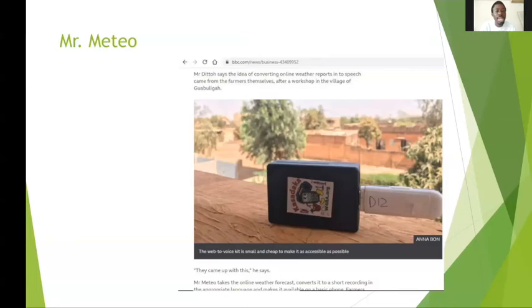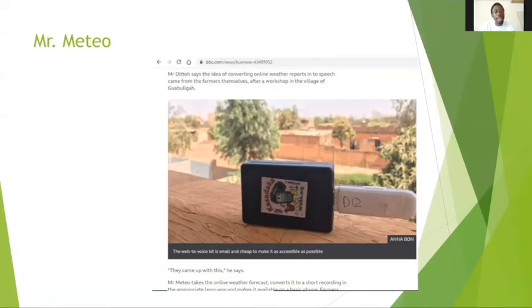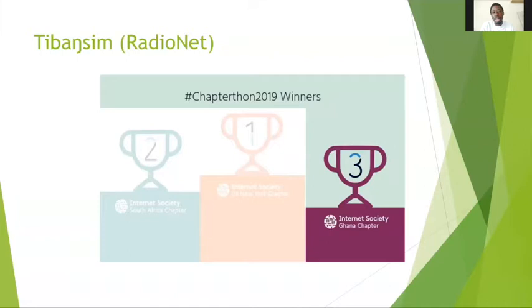Mr. Meteo is an app that gives weather information to people who do not speak English or do not read and write. And then Tibangsam was a project that we did a few years ago that basically gives information to rural areas in their own languages over FM frequencies.